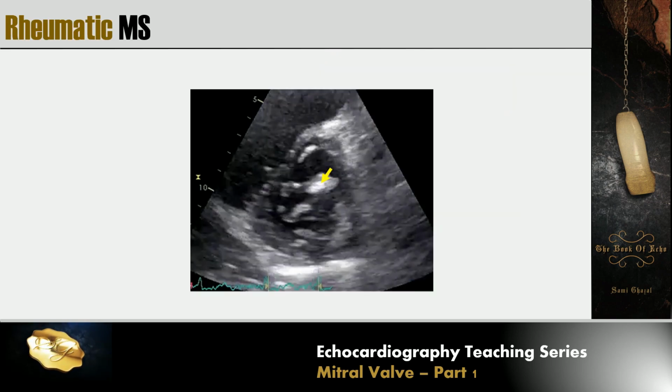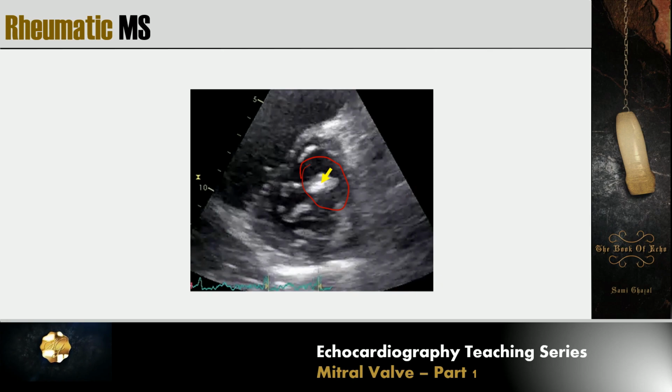So speaking of rheumatic mitral stenosis, still rheumatic fever is the most common cause of mitral stenosis worldwide. Upon morphological examination of the stenotic mitral valve, we can then determine the etiology. So in rheumatic mitral stenosis, the hallmark is commissural fusion, as we can see here where the arrow is pointing.